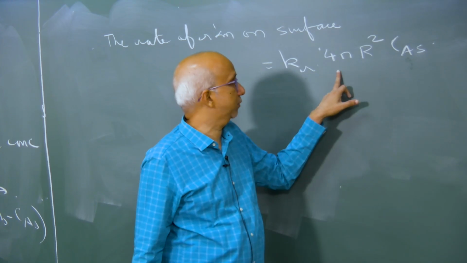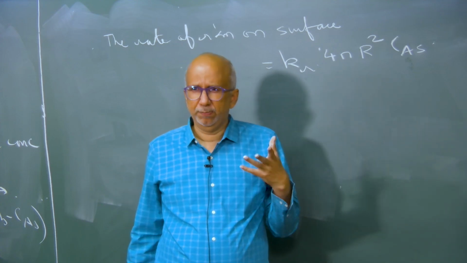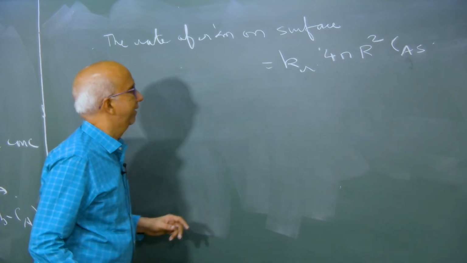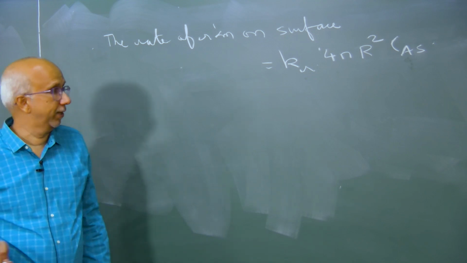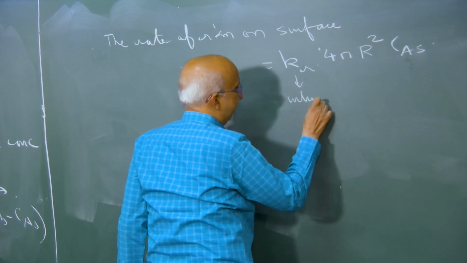So, it is 4 pi r squared. Normally for homogeneous reactions we will define it on a per unit volume basis. Okay. So, this is what is called the intrinsic kinetics.